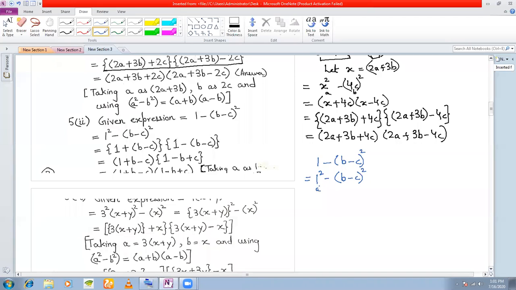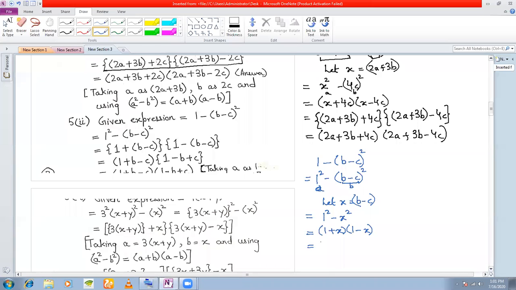So this is our a and b minus c is our b. Now if you find it difficult to work with expressions directly, you can say let x is equal to b minus c. So this expression now becomes 1 square minus x square. Now this is a difference of two squares. I can write this as 1 plus x into 1 minus x.